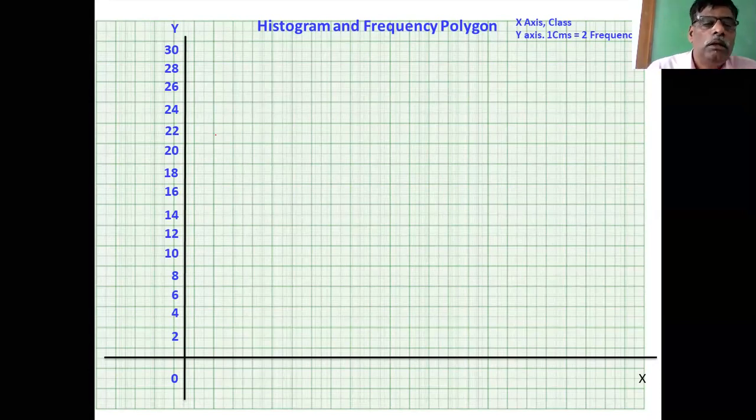Okay, this is the x-axis and y-axis. In x-axis, you write the classes. Class starts from 20 to 30. Therefore, 20, 30, 40, 50, 60, 70, 80, 90. You may take 100 also as the last one. Okay. In this way, you write the classes.